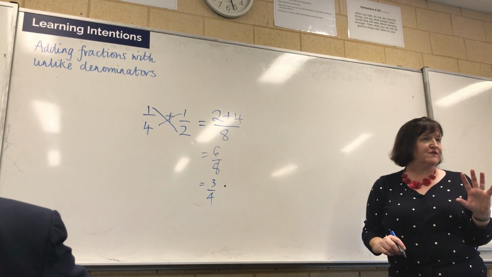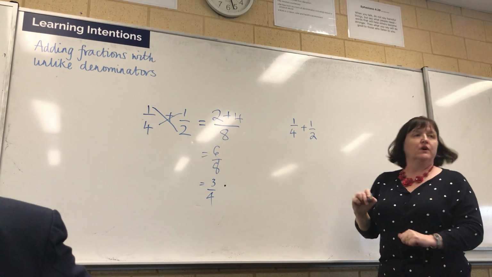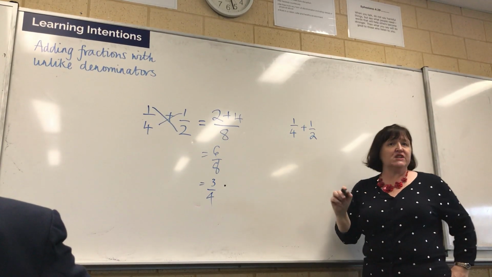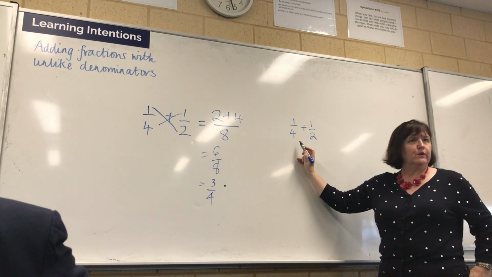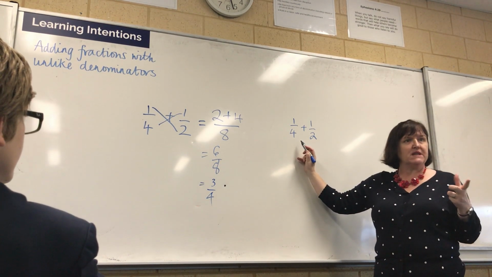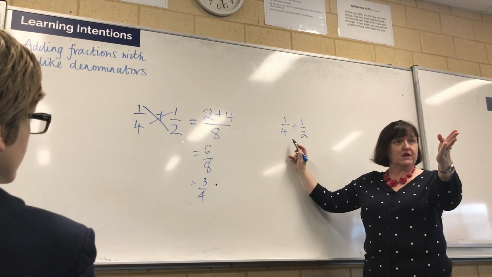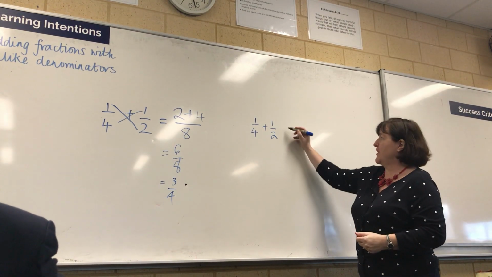Now there is another way of doing this. If you've got a quarter and a half, what is the lowest common multiple of 4 and 2? What's the first number that appears in both their times tables? 4, that's right.